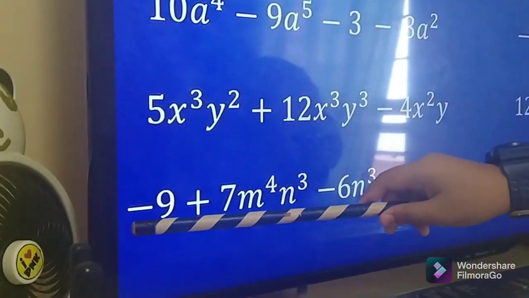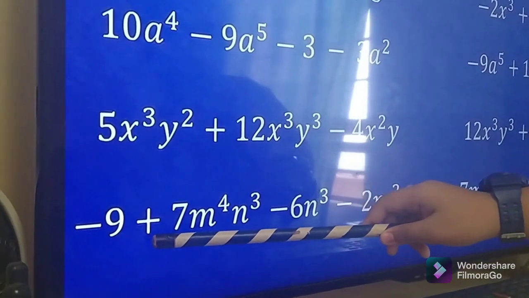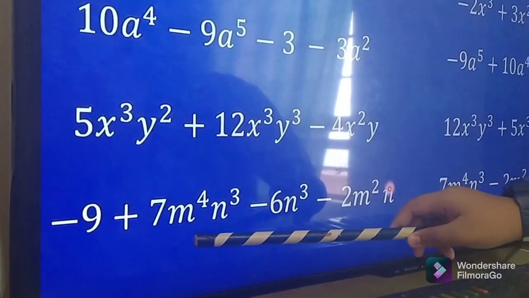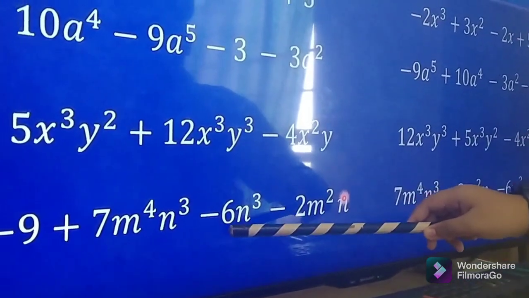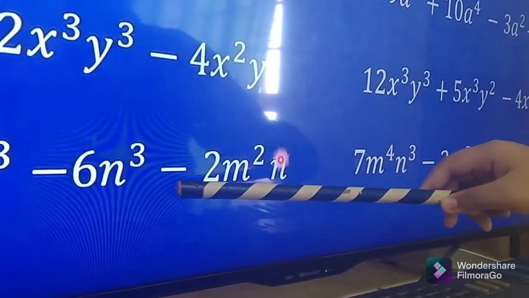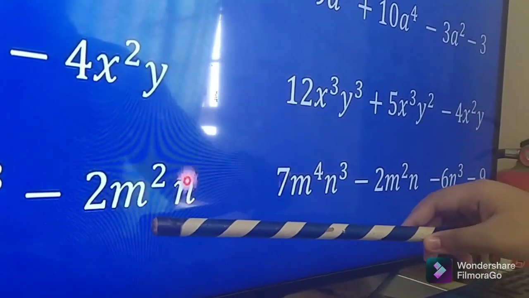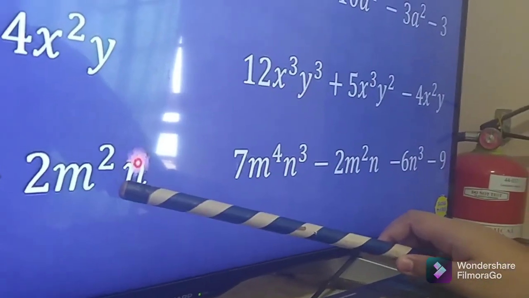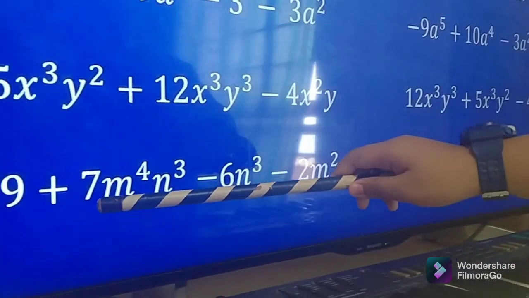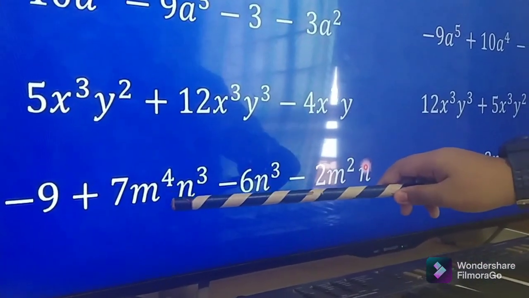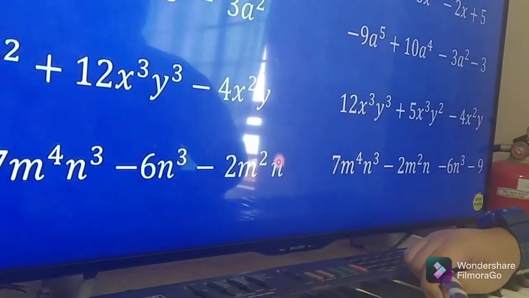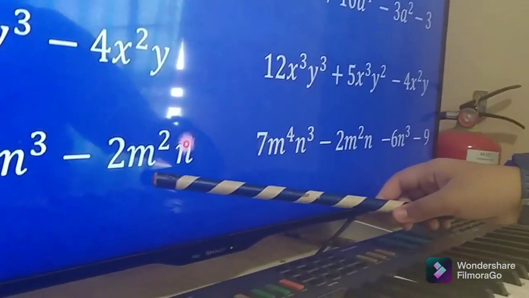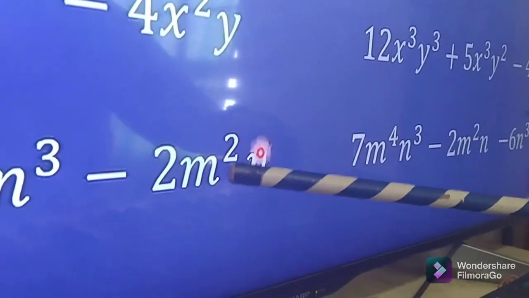Final example: negative 9 plus 7m to the fourth power n to the third power minus 6n to the third power minus 2m squared n. The first and highest term is 7m to the fourth power n to the third power. Our second term is negative 2m squared n.